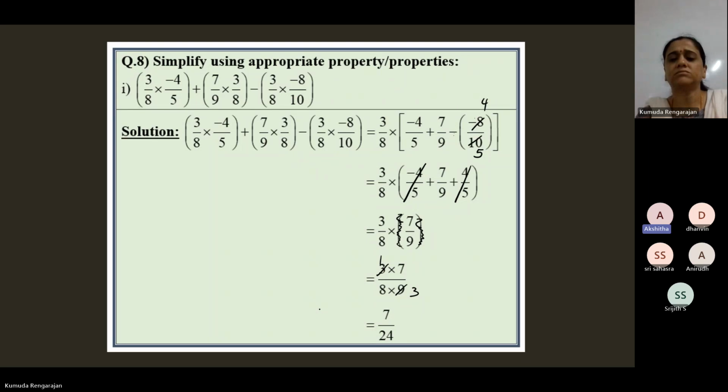Mom, I have a doubt. In the second bracket, why is 3 by 8 written in reverse form? Actually, 3 by 8 should come first, like the formula. The question should be like 3 by 8 into 7 by 9, right? Yeah, but by the commutative property of rational numbers, 7 by 9 into 3 by 8 is nothing but 3 by 8 into 7 by 9.